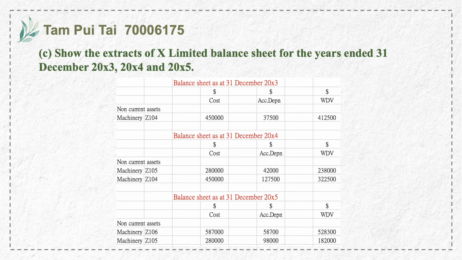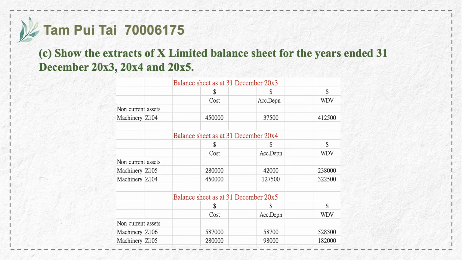It is 2000 X4 machinery Z104, because you need to use two values to calculate. It is 37,500 plus 90,000. So after calculating, you can get 127,500.